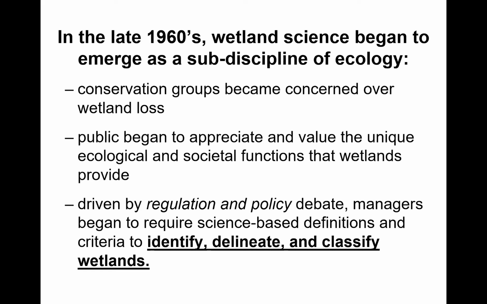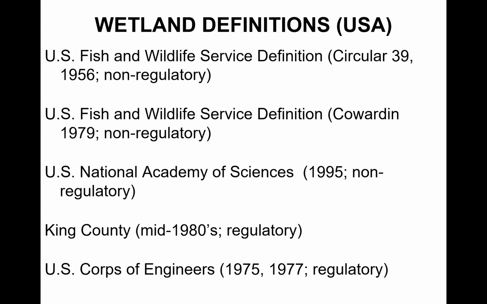And increasingly, there was interest from governments at all levels, federal, state, as well as local, in stopping the loss of wetlands through regulation and policy. And so this whole focus on wetlands began to really intensify in the late 60s and then into the 70s, first manifesting in the passage of the Clean Water Act in 1972.